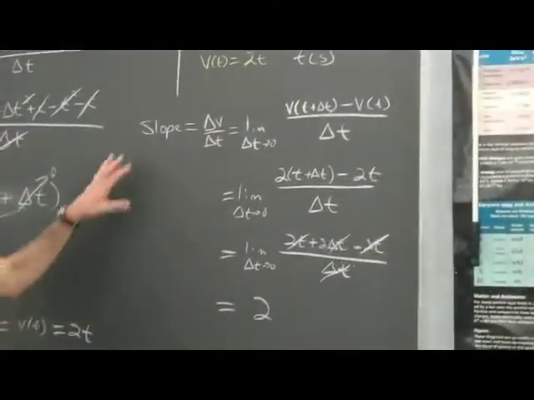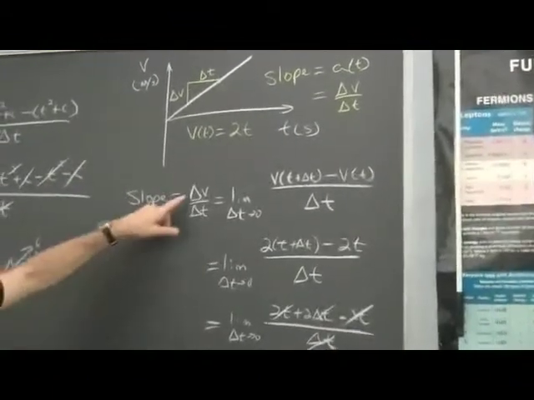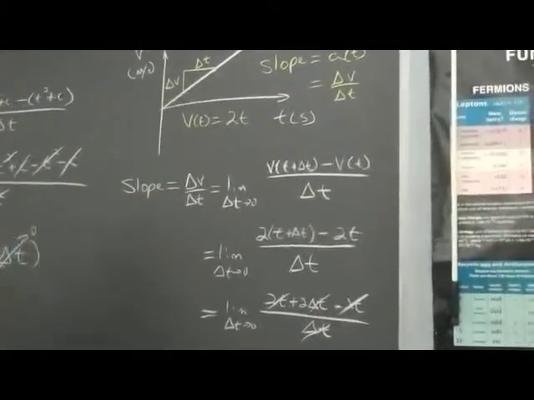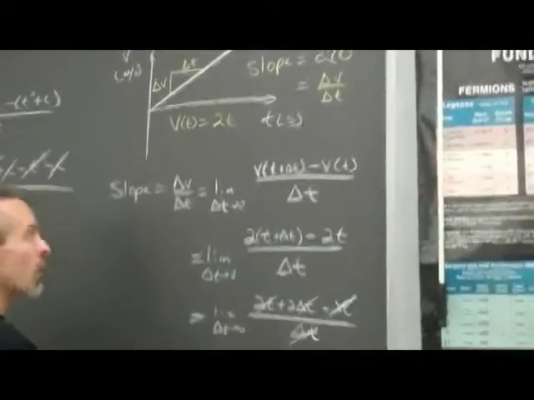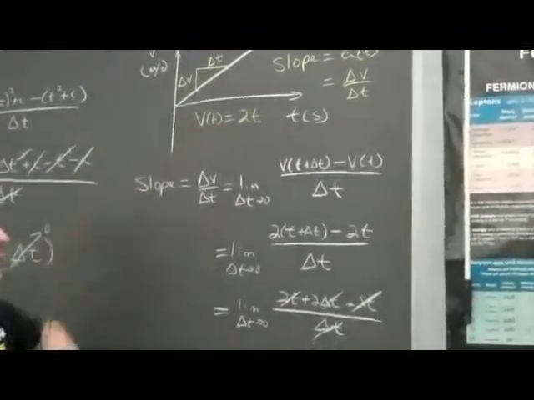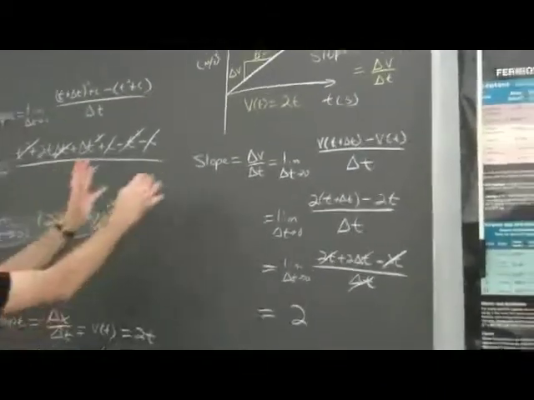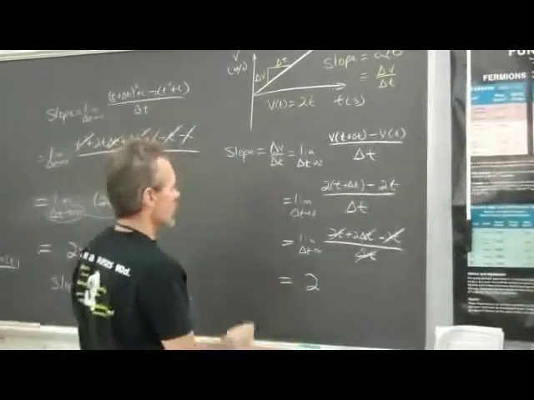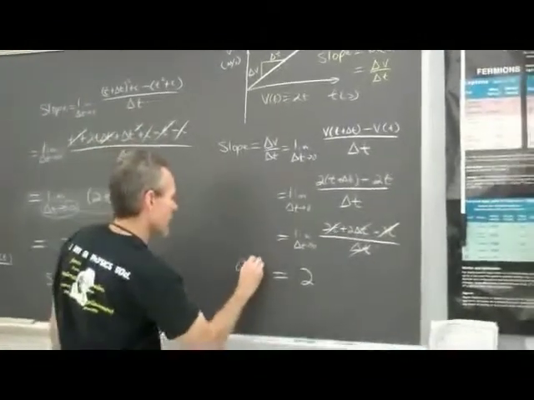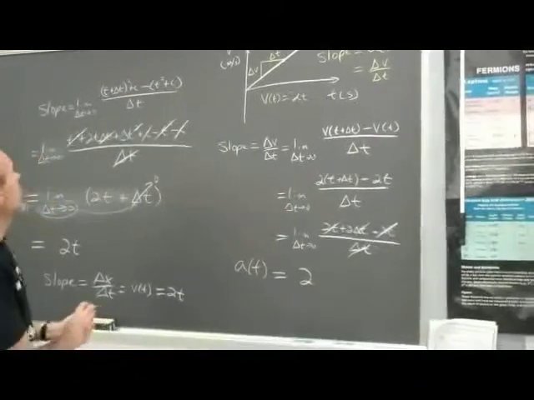So the slope of this velocity time graph, which is the acceleration, change in velocity over change in time, is equal to 2 with this long drawn out process, which we already knew the slope of this equation was 2. So it confirms to us that this long drawn out process does give us the right idea. And so this is the instantaneous acceleration.